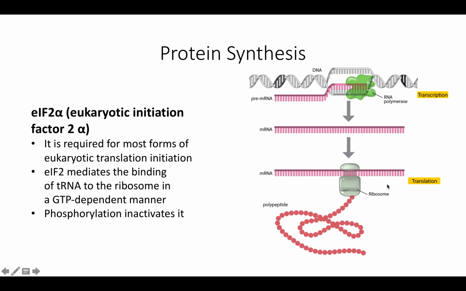So it's this step right here, and it mediates the binding of the tRNA, which is charged with an amino acid, to the ribosome in a GTP-dependent manner or energy-dependent manner. Now, this initiation factor, when it's phosphorylated, does not translate that messenger RNA. So the messenger RNA is not translated to a polypeptide.